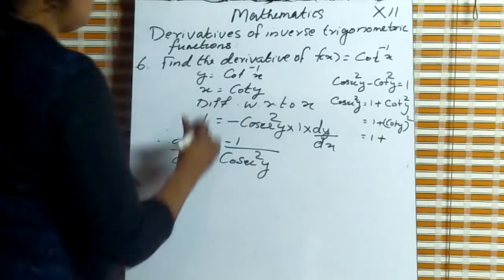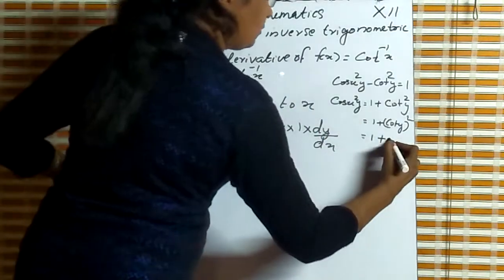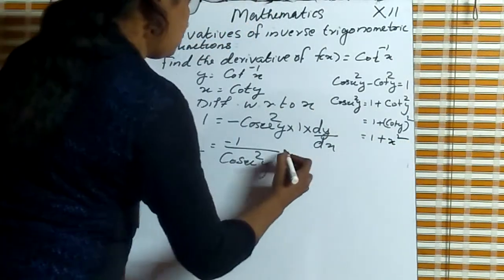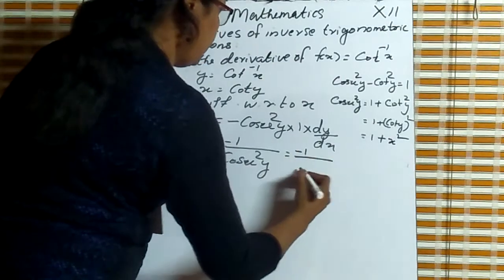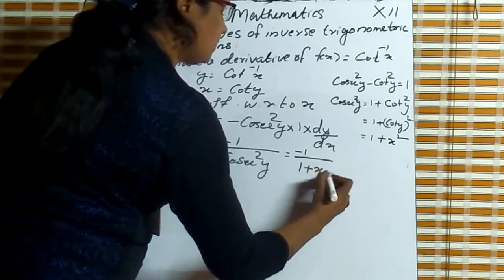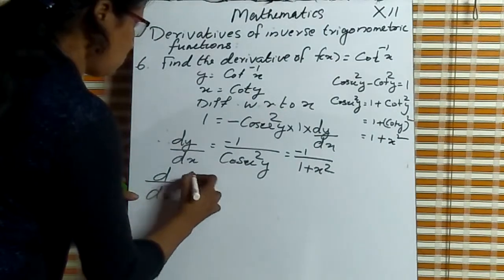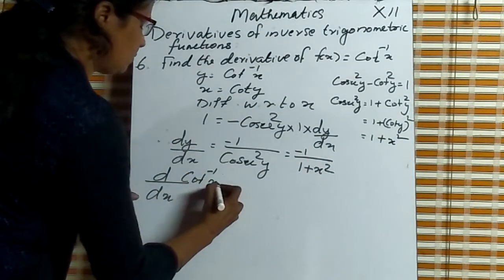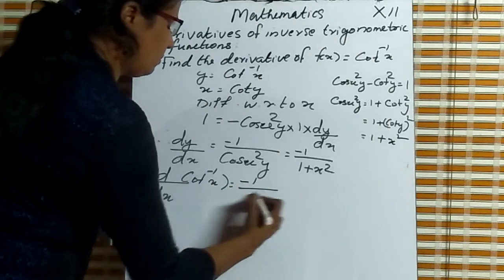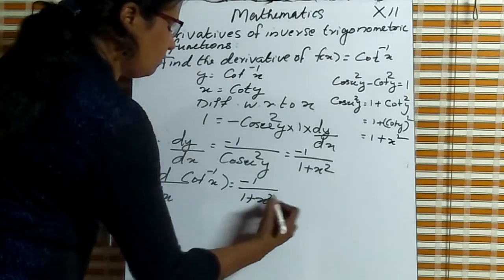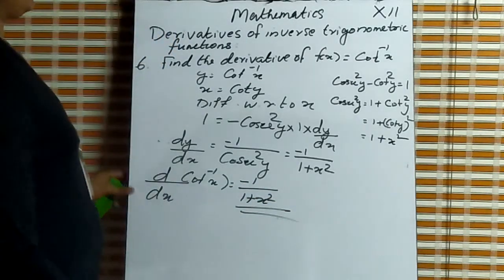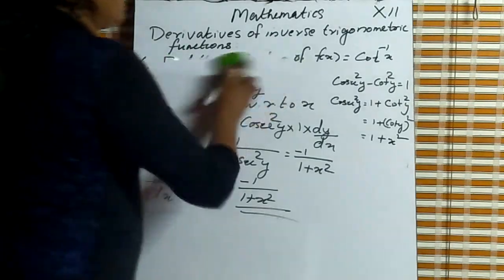Cot y is equal to x, so 1 plus x square. So our answer is minus 1 by 1 plus x square. That is d by dx of cot inverse x is equal to minus 1 by 1 plus x square.